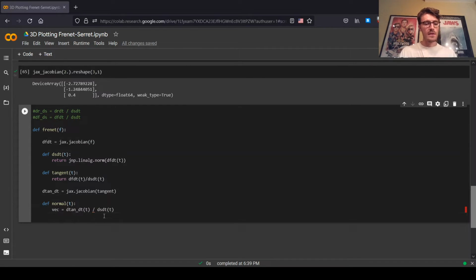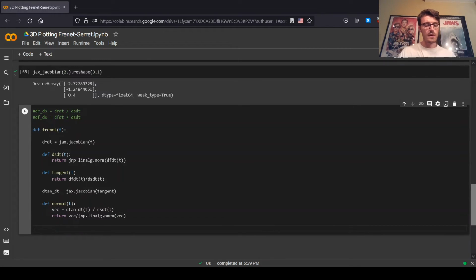So now we have this vec, but we need to have the unit vector. So we're going to take vec and divide it by jnp dot linalg dot norm of vec.